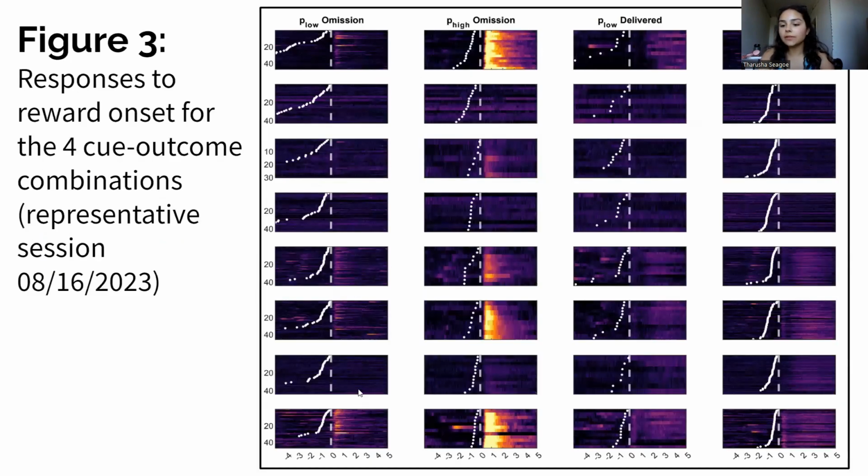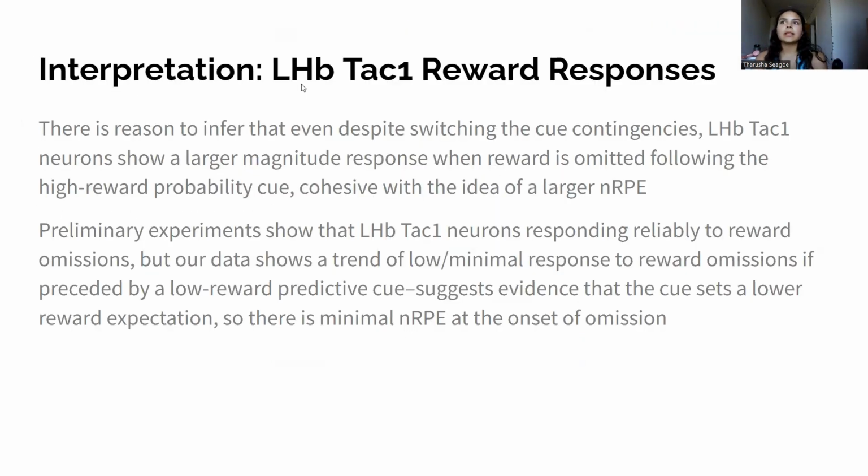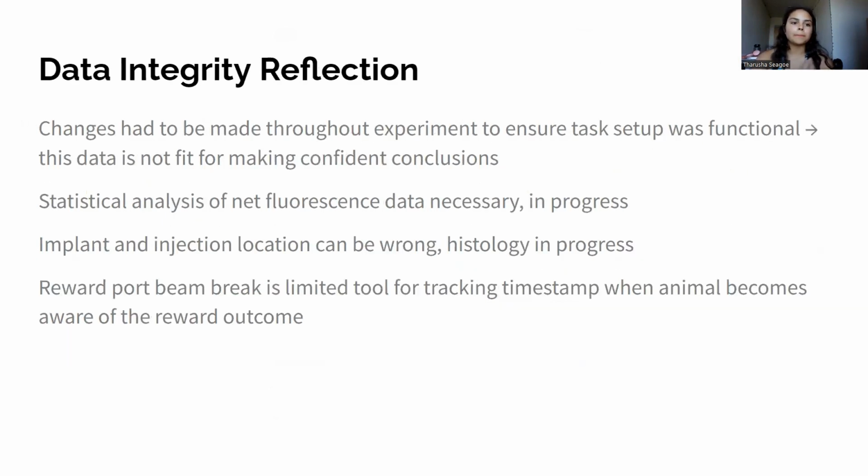There's almost no response, even though there's an omission, but we know from previous experience that Tac1 cells reliably respond to omission. So the idea is that because they had a low chance of getting rewarded, that's lowering the amount of RPE they're experiencing, and so it's decreasing the magnitude of the response. That gives us some idea that these cues were at least being associated with their respective contingencies.